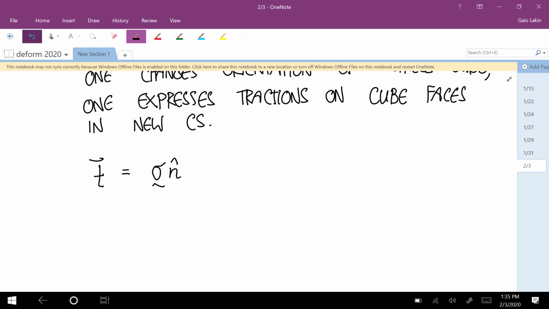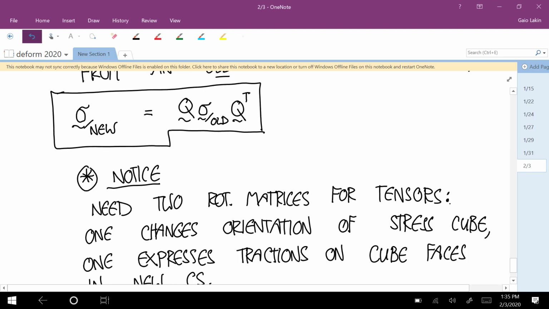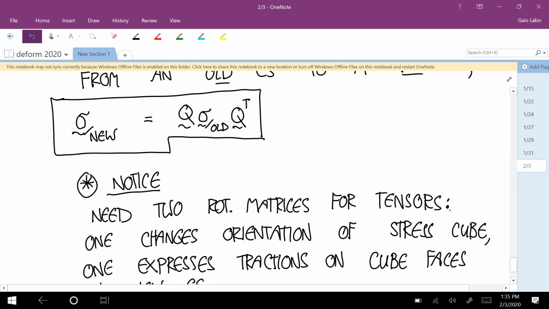But you can break it up that way. So this QT, you can think of the columns of that as being the outward facing normals of the new coordinate system.